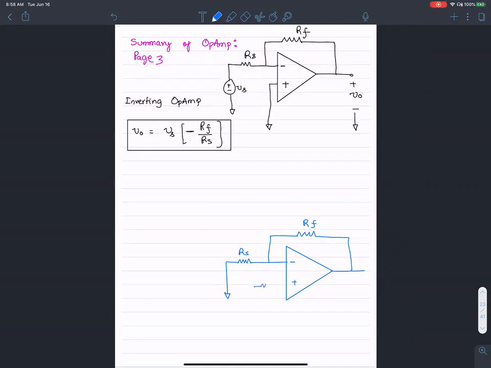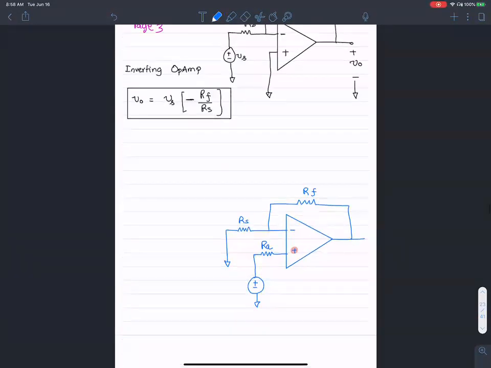I got rid of it, and in place of that, I applied a voltage source to the positive terminal. The signal is applied to the positive terminal, hence the name non-inverting. I don't remember the name for the resistance that we gave over here, but it doesn't matter. We'll call this VA, and the RA, and the input source was VIN. V output was this guy.